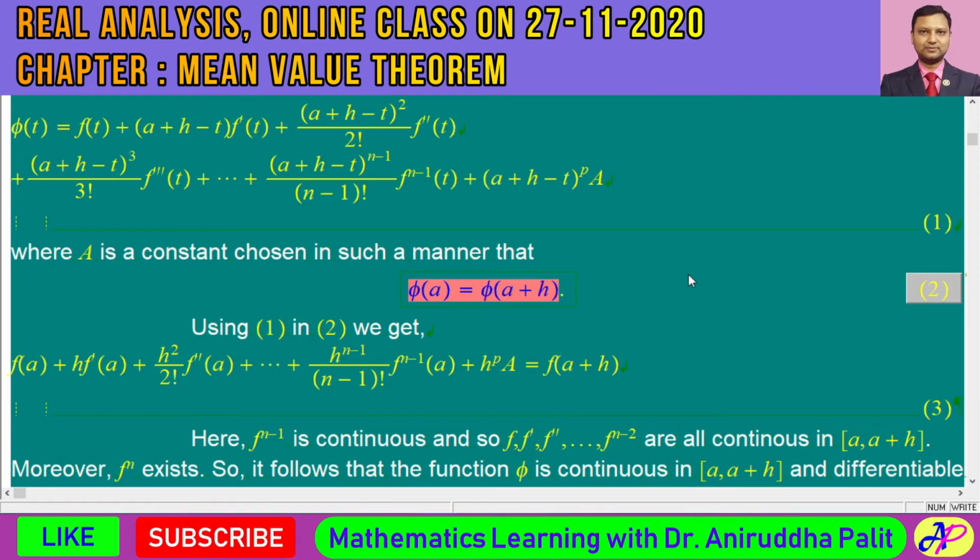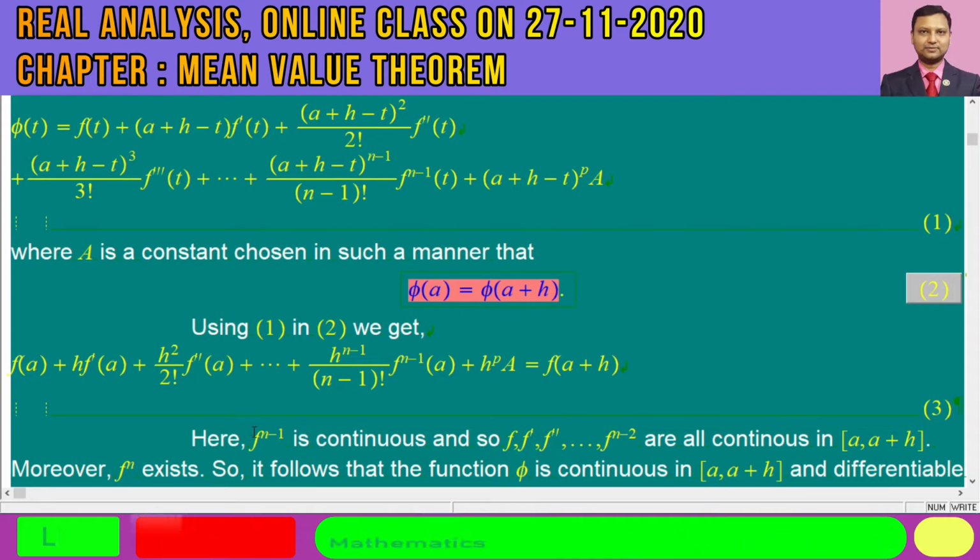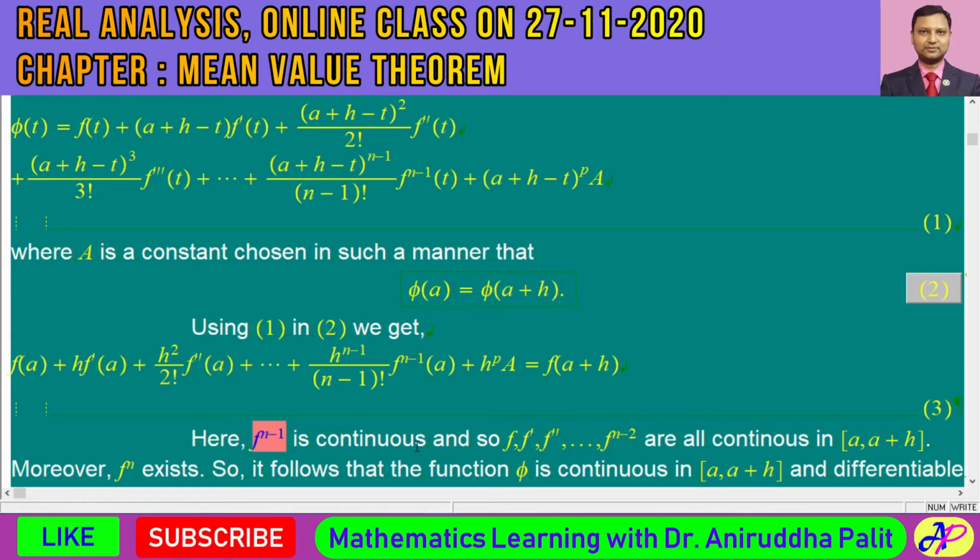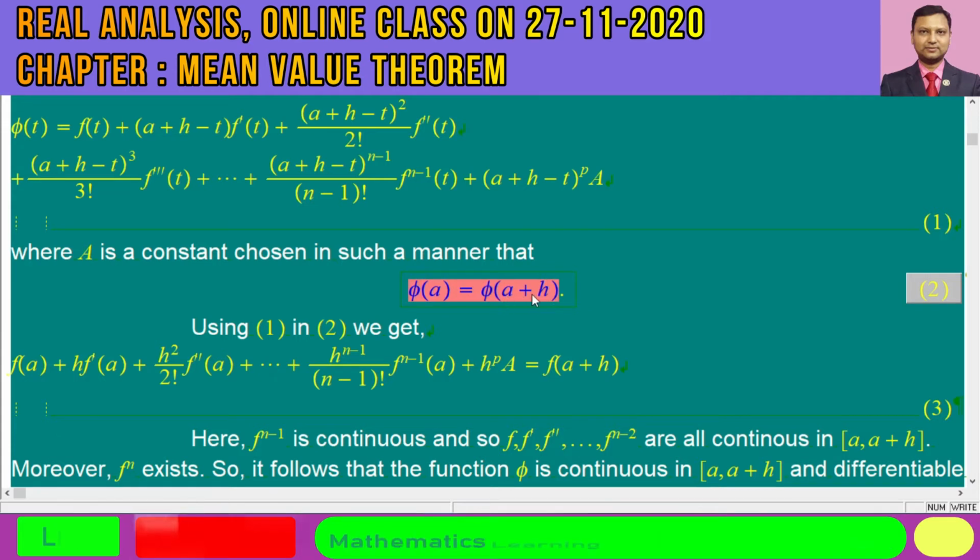Next, we are given that the function f^(n-1) is a continuous function. Very good. But before that, sorry, I forgot something from this expression.